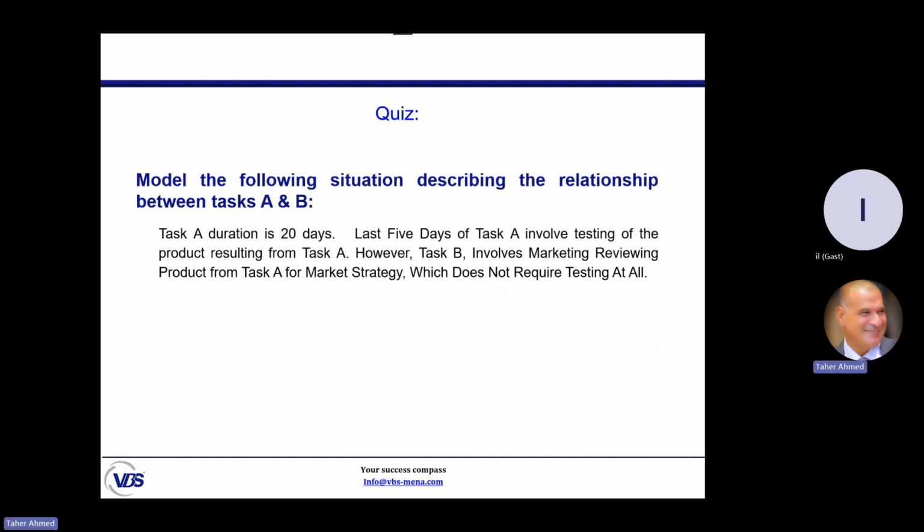Task B involves marketing, reviewing the product from task A for a marketing strategy. Take a photo of the product. He does not have to wait until the test is completed. Once the product is completed, we can start making the marketing or taking the photo for it.